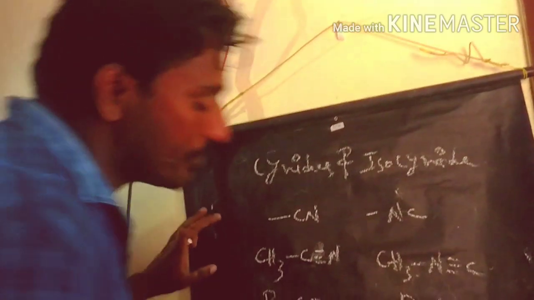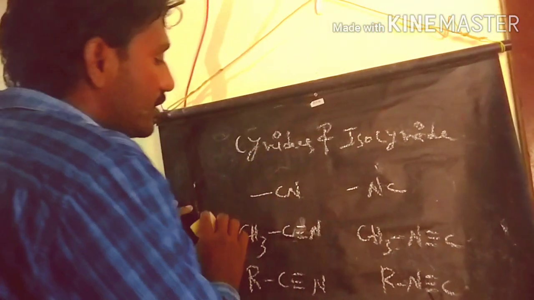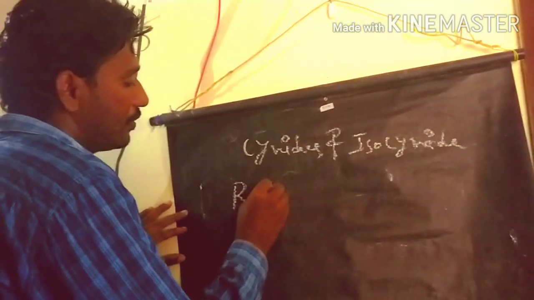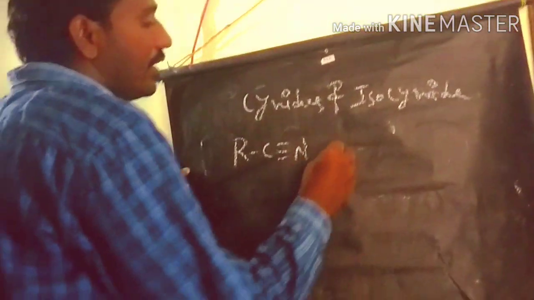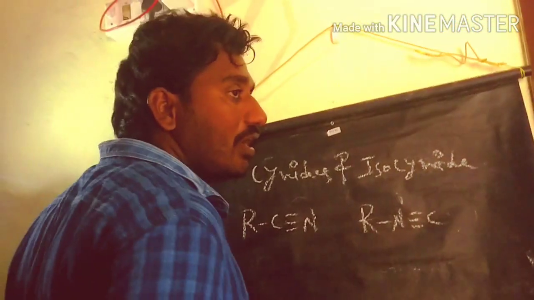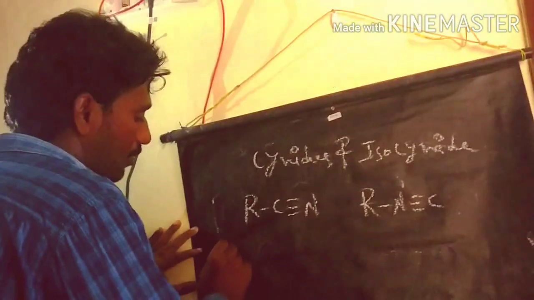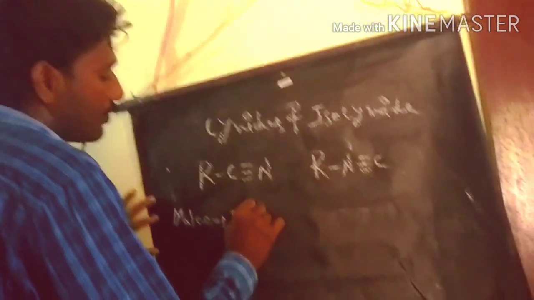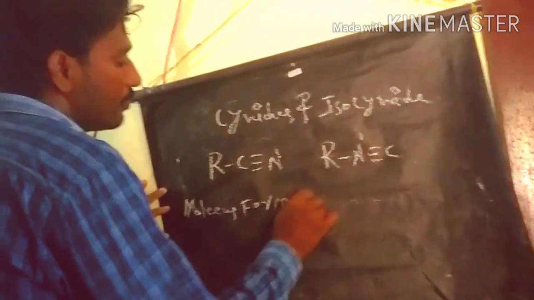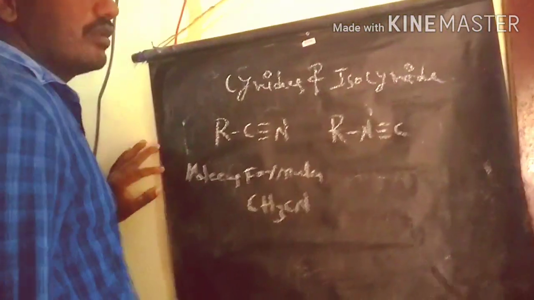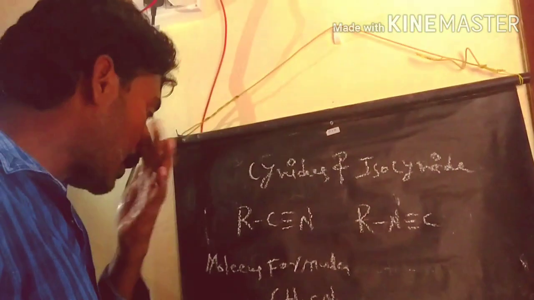First of all, this one is the cyanide, RC triple bond N, and the isocyanide is RN triple bond C. What is the molecular formula of these compounds? For example, CH3CN is methyl cyanide, with formula C2H3N.